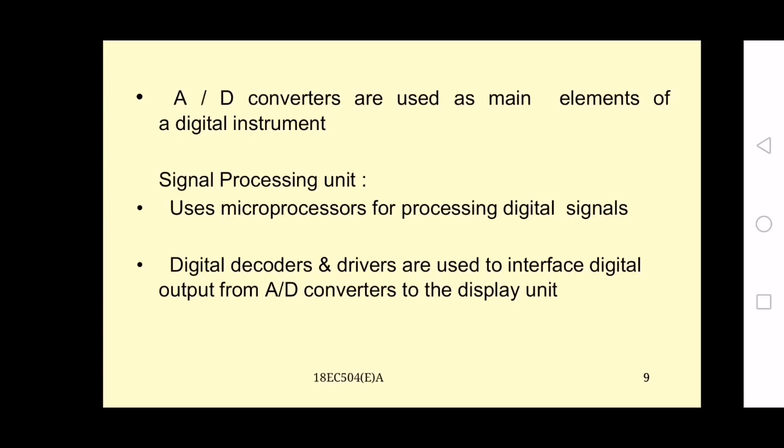The drivers will drive the different digital display units, and whatever the A to D converter's output is will be given to the display unit by this signal processing unit. So in the signal processing unit we have microprocessors which will decode the signal and drive the display.